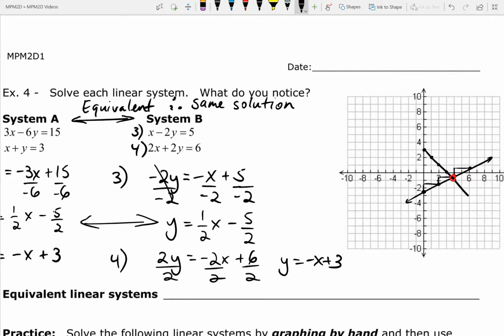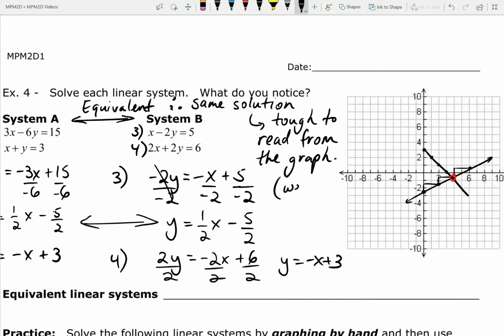But it's tough to read from the graph. Then we're going to need to do something in terms of algebra. Algebra will help us find that solution more accurately.